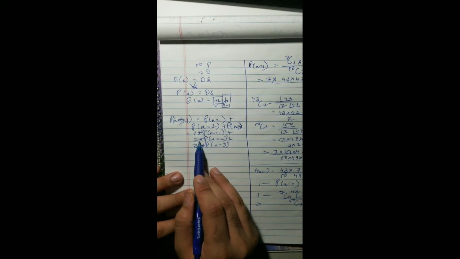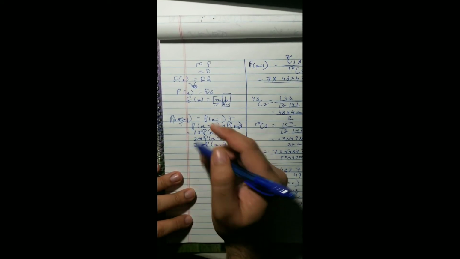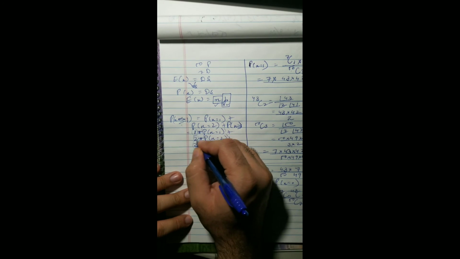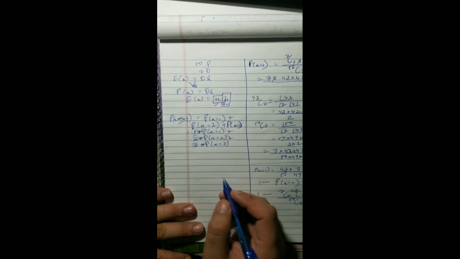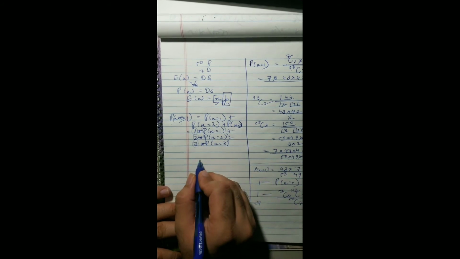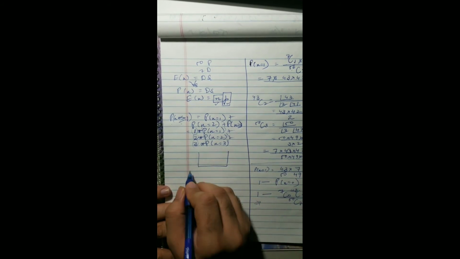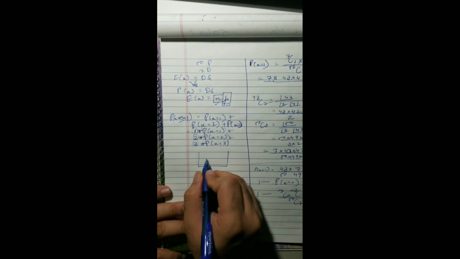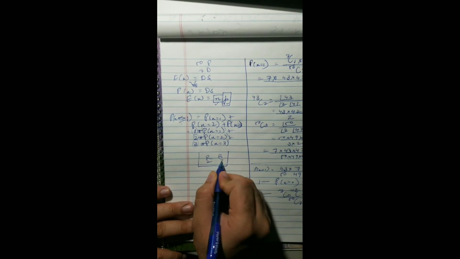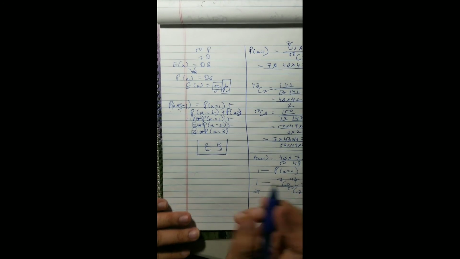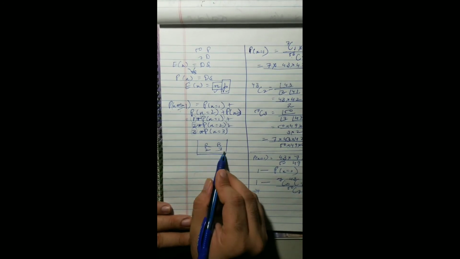Now why are we multiplying with 1, 2 and 3 to get an expected value? That's pretty straightforward. For example, there is a bag with 2 red balls and 3 blue balls.